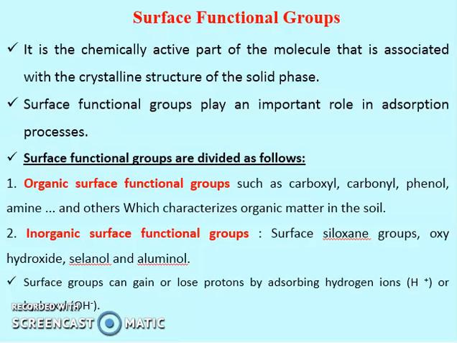Surface functional groups play an important role in the adsorption process, and these groups can be divided into organic surface groups like carboxyl, carbonyl, phenols, and amine, which are present in organic matter, and inorganic surface functional groups like siloxane group, oxyhydroxide, silanol, and aluminol. These are found on clay minerals and on tetrahedra, as you studied before.